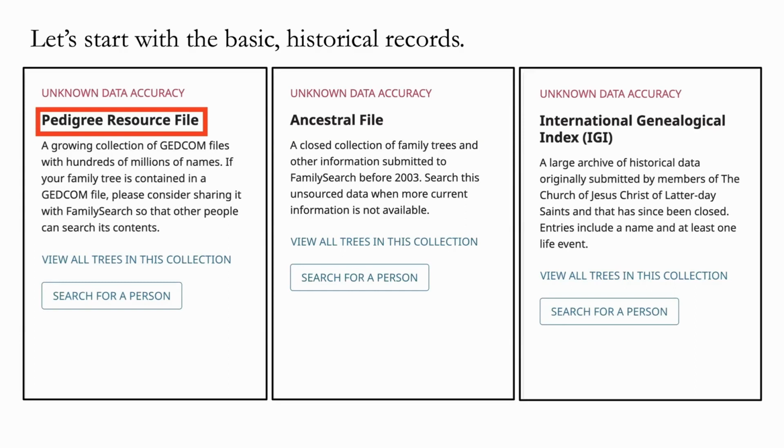So the concept that you could upload your GEDCOM file to FamilySearch, who would preserve it in its native format, meant that you had a backup of all your data that was not on your floppy disk, which were terribly unreliable. So this was very attractive. And back then, I uploaded two copies of my entire database as it existed at the time, and that just became part of this Pedigree Resource File.